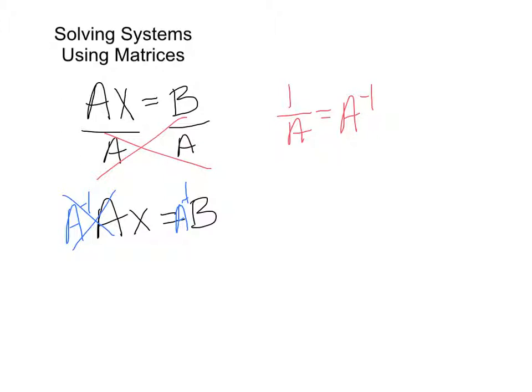And what we're left with is X equals the inverse of A times B. And that will tell us what our unknown matrix, or our X, equals. And so we're going to look at how to set these matrices up using systems in order to get them in a form that we can solve and therefore find all the variables in one fell swoop.